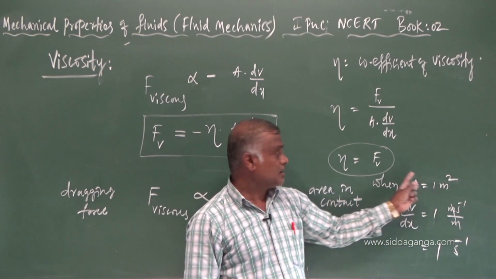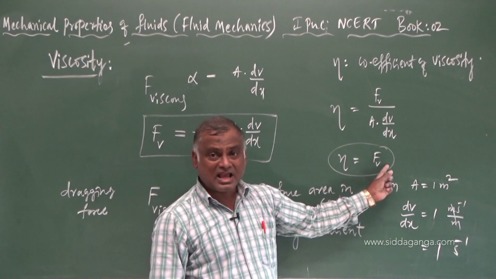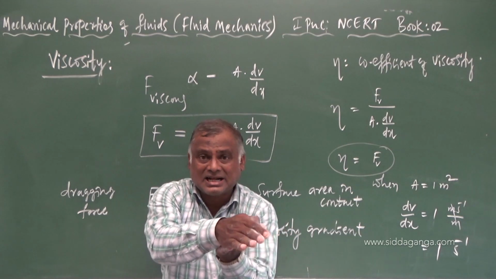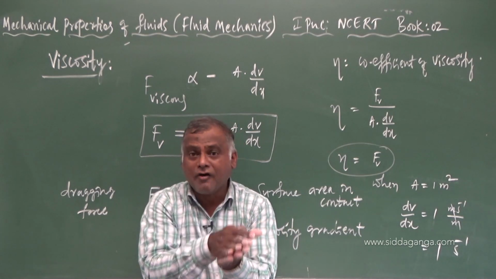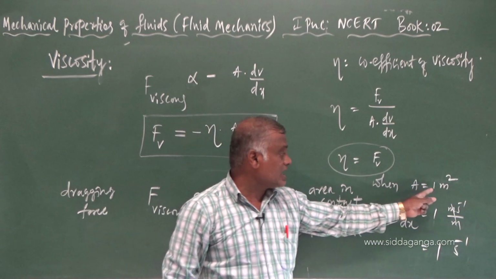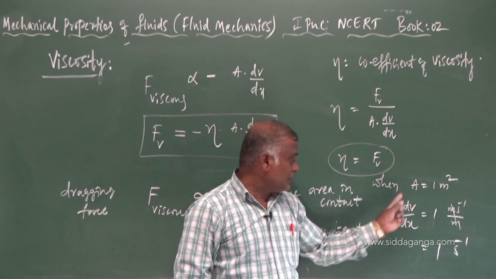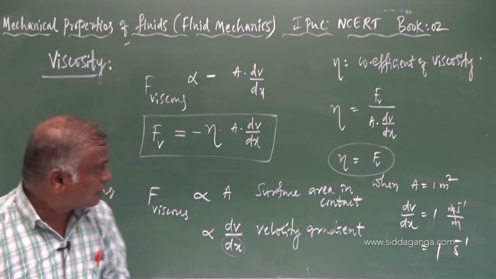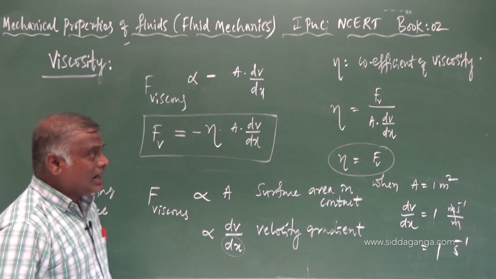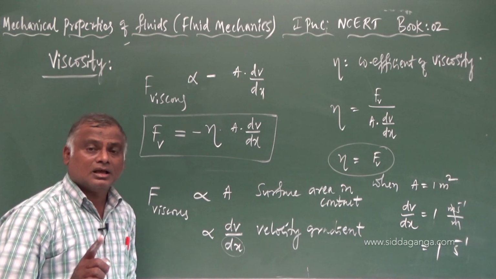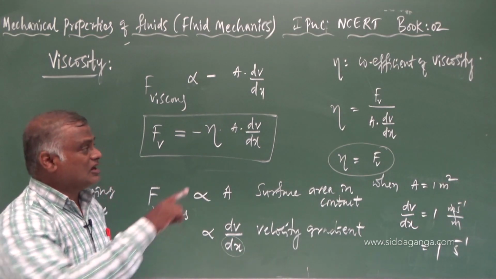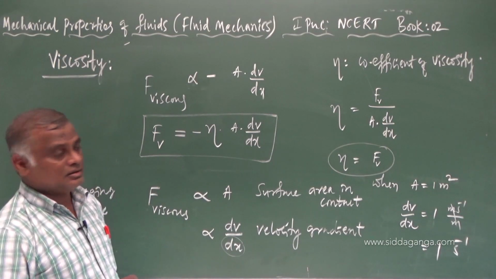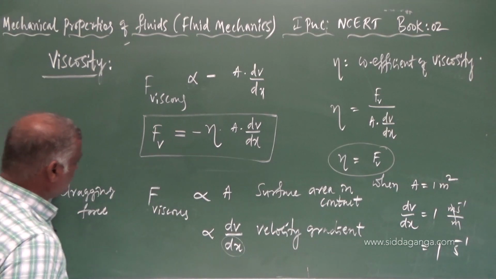Once again, it is the dragging force between the adjacent layers of a fluid of 1 meter square area with unit velocity gradient. So now with this, again I ask you, what is the dimensional formula for the coefficient of viscosity and the SI unit? So I think you have taken this one.